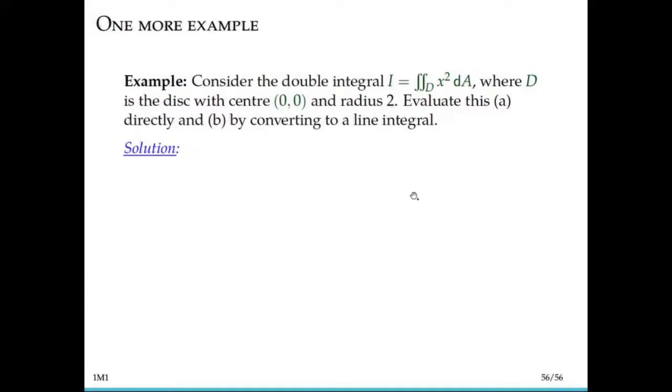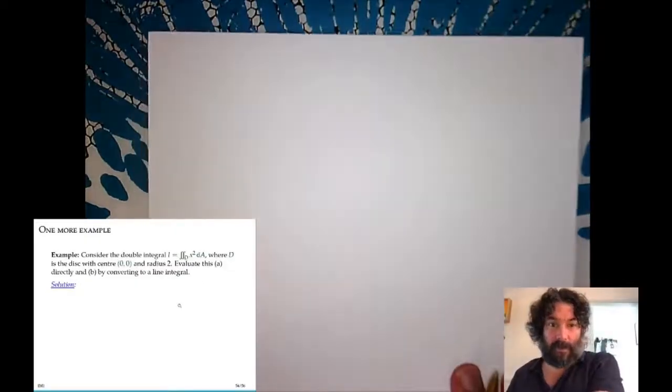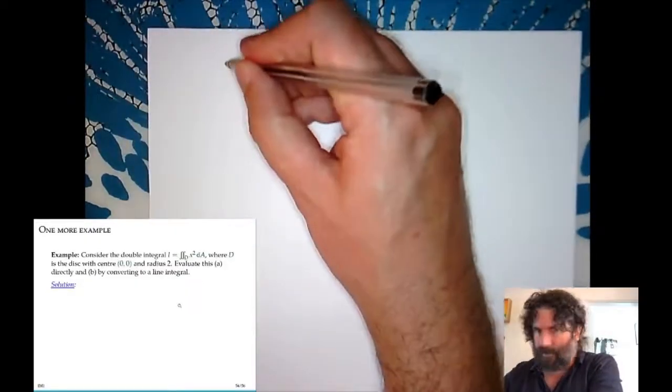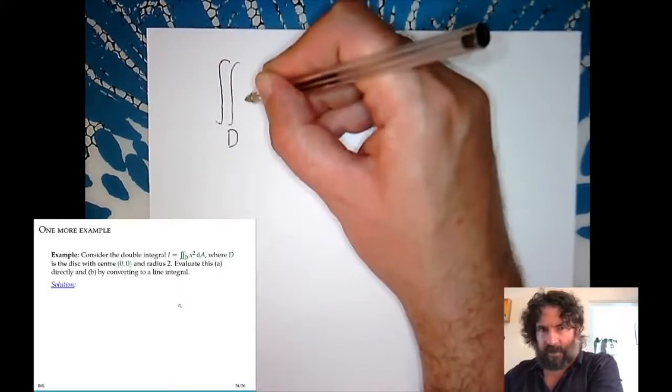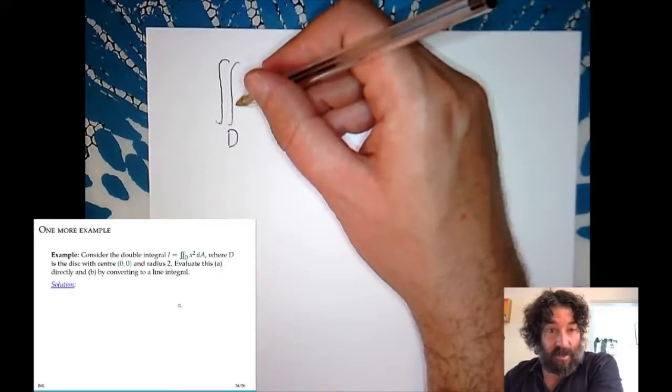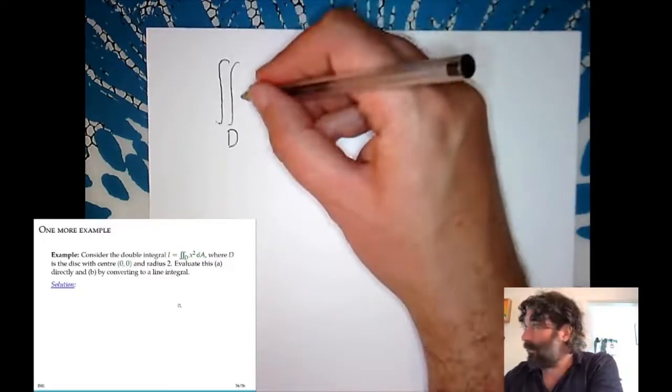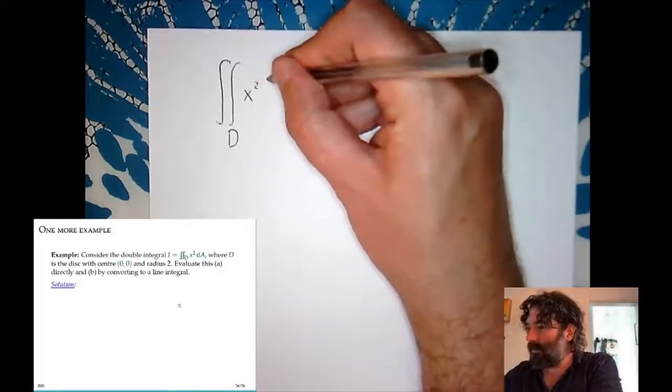So we're going to calculate a double integral both by directly doing the double integral and applying Green's theorem. And this is a double integral over a circle or a disk. And so we want to calculate the double integral over D, where D is the disk of radius 2, of x squared dA.